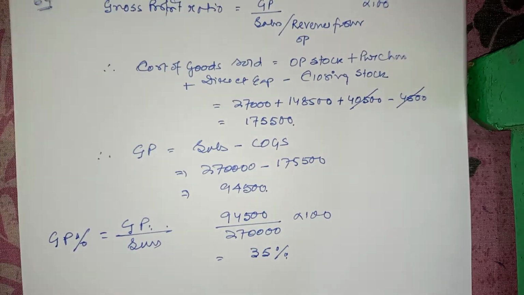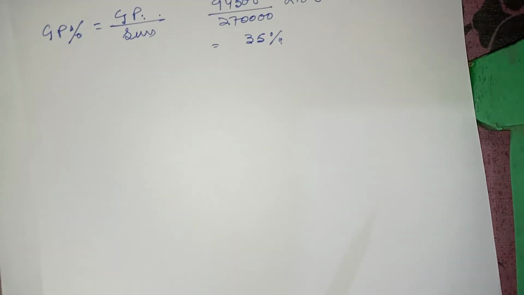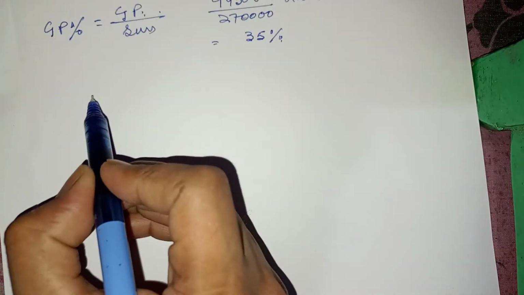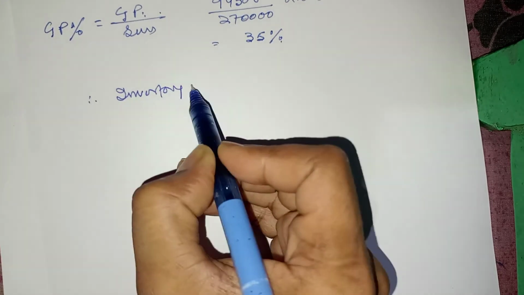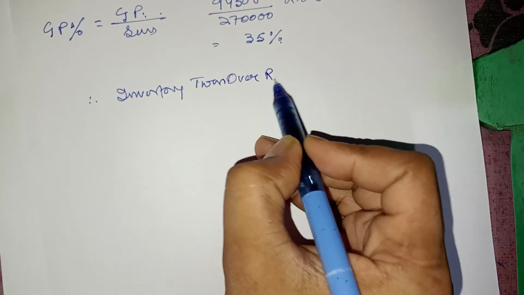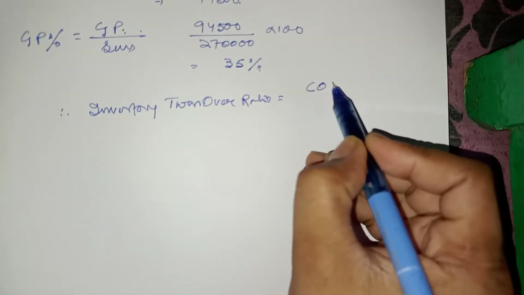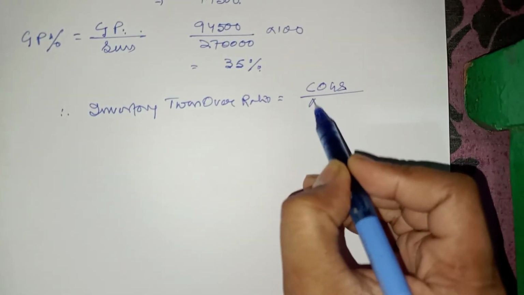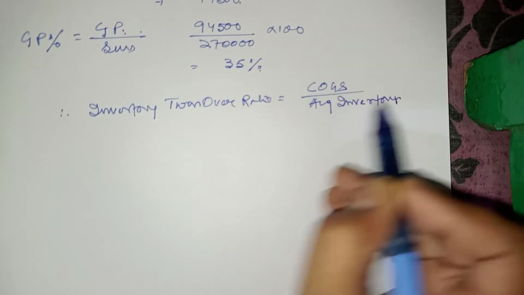Now next, the inventory turnover ratio. What is the formula of the inventory turnover ratio? The formula is cost of goods sold, COGS, divided by average inventory. So the inventory turnover ratio is how much?